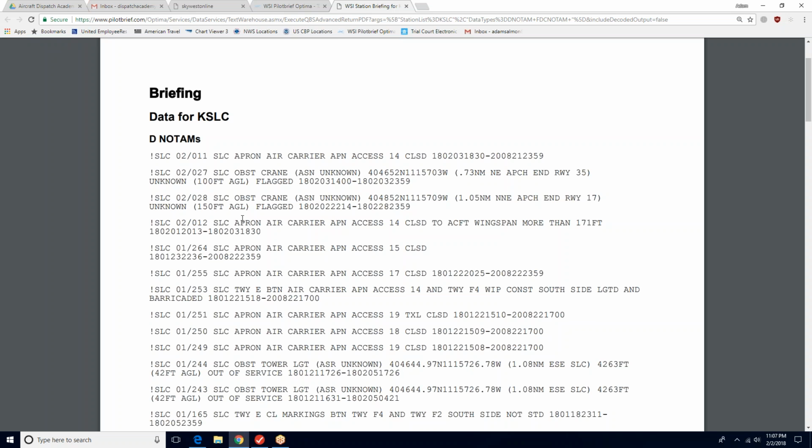So sometimes, if an airport is completely shut down for whatever reason, they will close the entire airport. The way that they do that typically is that they put out a NOTAM that just says SGU AD closed. And that just means St. George Aerodrome closed. That means the entire airport is closed.